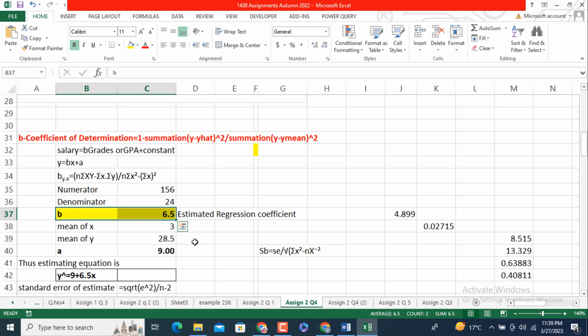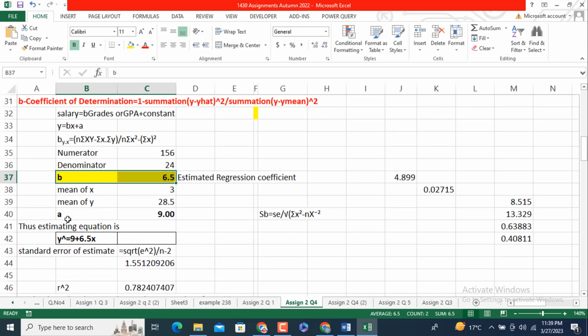Now the second term that I need to know is a. Here a is a constant. So how could I determine this? The formula for a is equal to y bar minus b x bar. The mean of x is 3 and y bar is equal to 28.5.